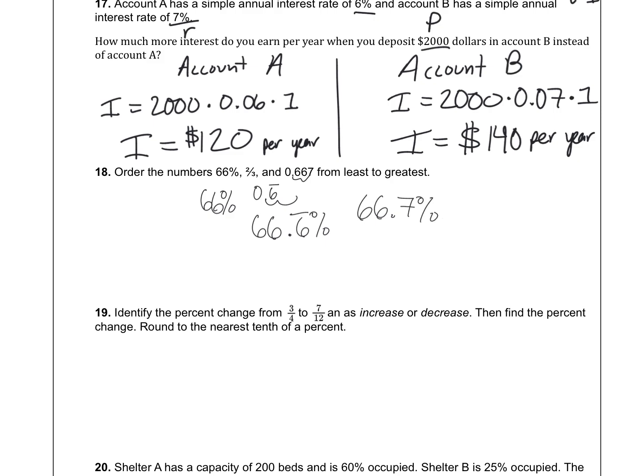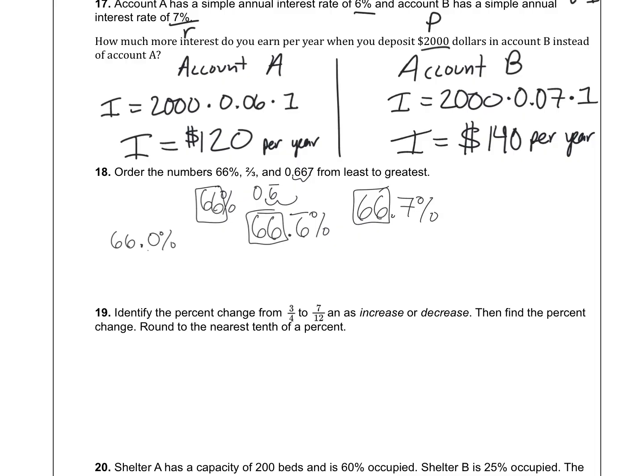Okay, notice all of them have a tens and a ones place of 6, meaning I need to compare all of their tenths place. In 66%, this is really just 66.0. There's nothing else.